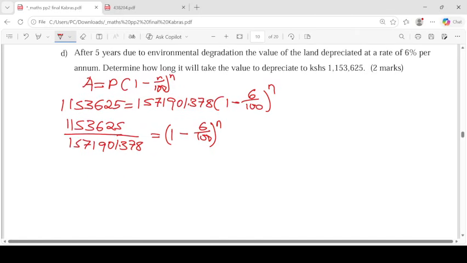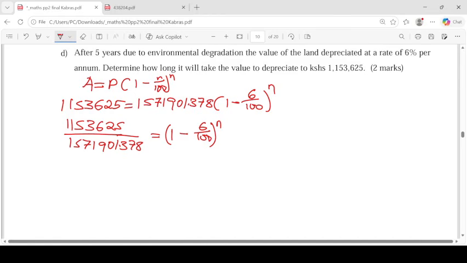The next step here, I'm going to introduce logs on either side. But maybe before I introduce the log, let me get this value first so that I don't rush.